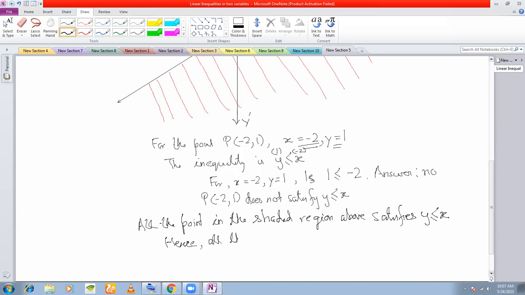Hence, all the points in this region form the solution of y less than or equal to x. Is that clear?